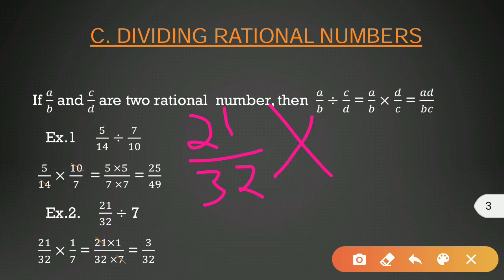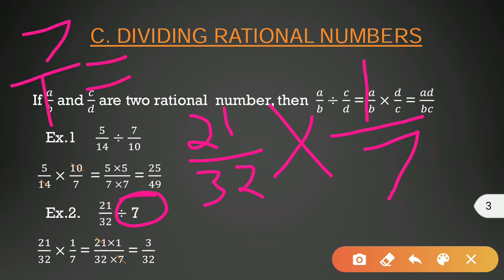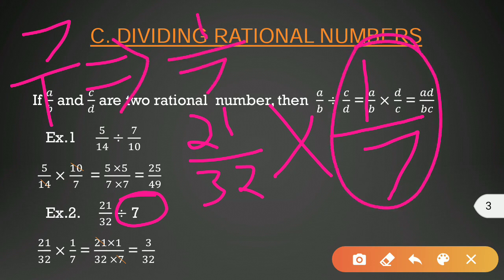What is the denominator of 7? The denominator of 7 is 1. So it will become the numerator, means 1, and the numerator will become the denominator, means 7. So the reciprocal of this number is 1 by 7. I have written it here.